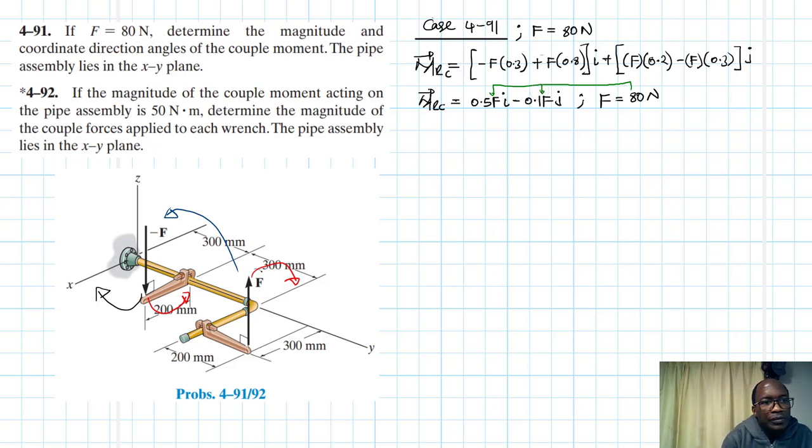Once we do so, we find that our moment vector is just going to be equal to 0.5 by 80.